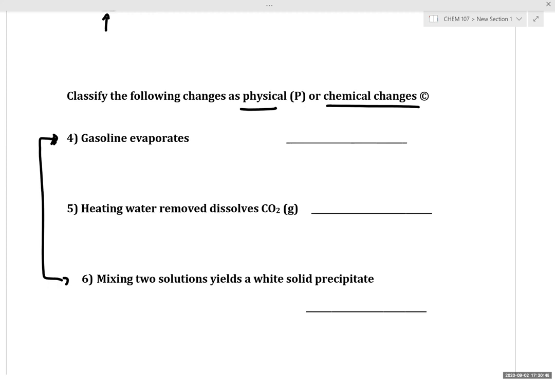Or if you have a question, don't be shy to ask it in the chat. And remember to look for keywords such as dissolves, evaporates, react or reactions. And we'll discuss this example in about 2 to 3 minutes.